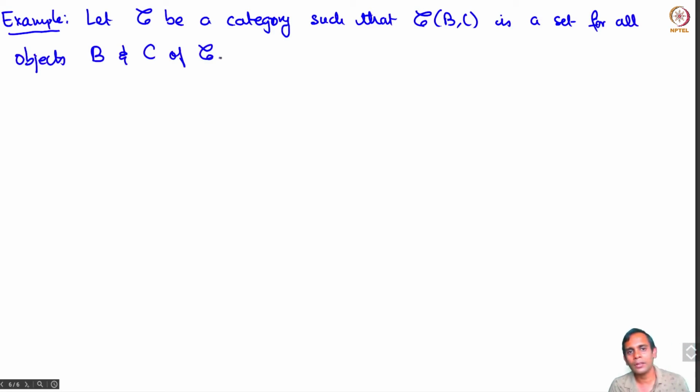This is not a very restrictive condition. All the categories of the form that we studied in the previous example, namely categories where objects are sets and arrows are functions, would satisfy this axiom. And unless you really worry about the intricacies of set theory, I would say not to pay much attention to this as of now.